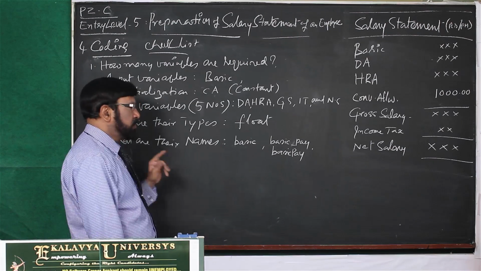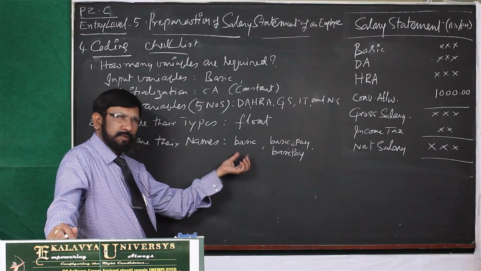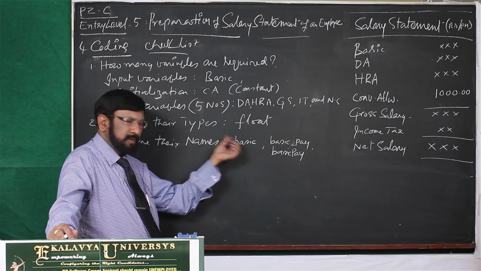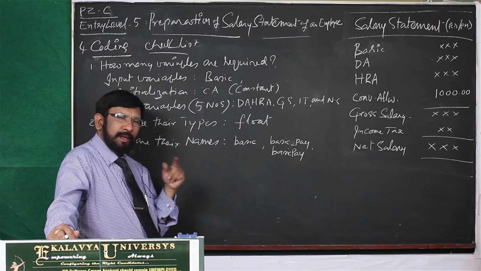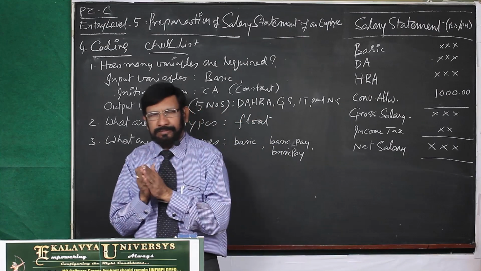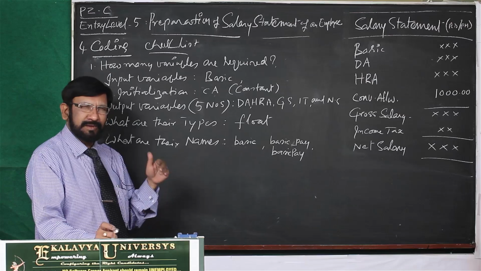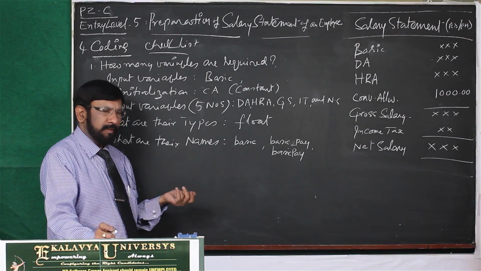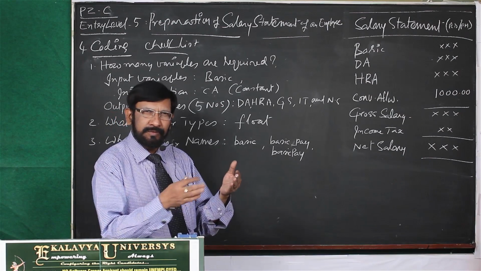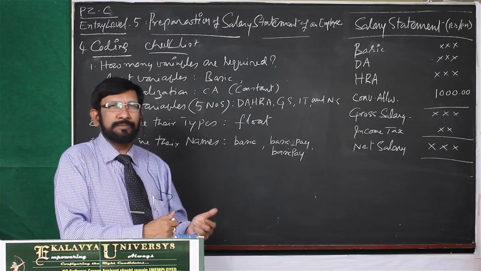Thereafter, here one more thing. Normally we use lowercase letters for all the variable names and all that. But wherever you are using acronyms or abbreviations, then you can use uppercase, because it is more readable. Why are we following all these conventions? For the sake of readability, and for the sake of uniformity.